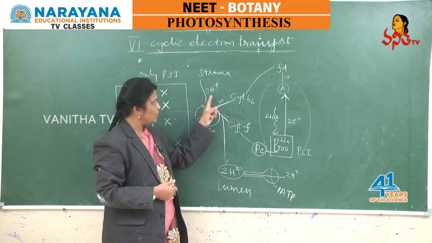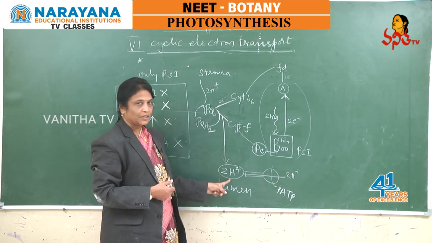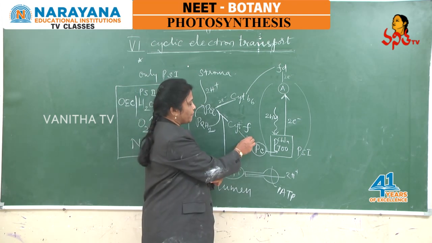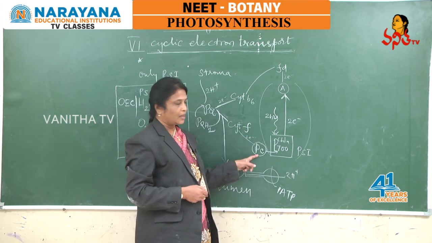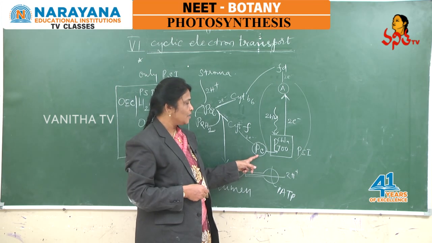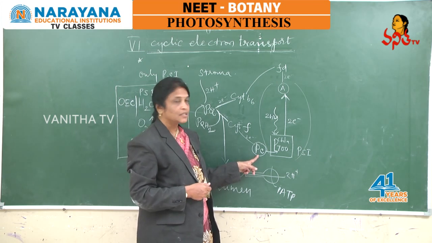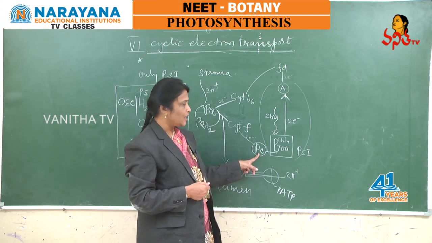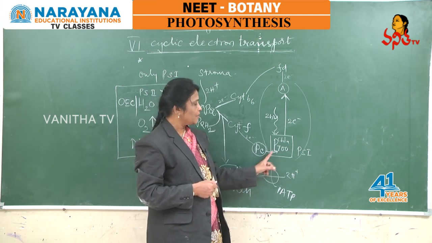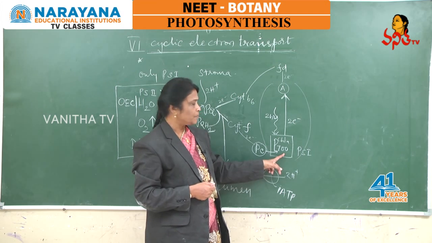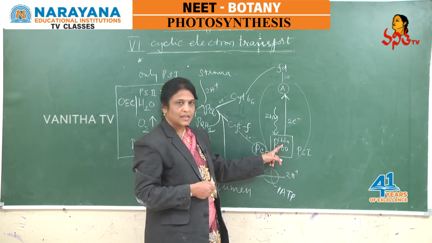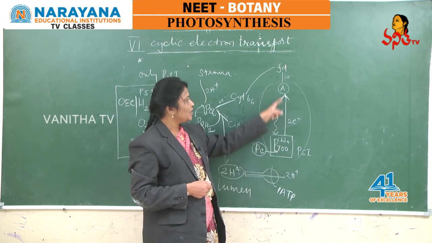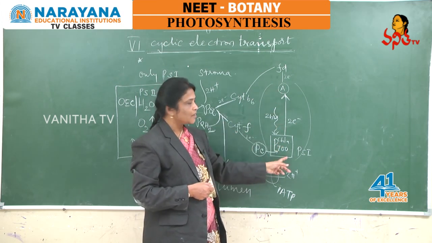For those 2 electrons, 2 protons are added to lumen, and then the electrons from cytochrome F are received by another mobile electron carrier nearer to P700, that is nearer to PS1, plastocyanin, a copper containing electron carrier. Now it gives those electrons to excited P700. Now that excited P700 molecule returns to ground state, so that electron transport mechanism is completed.